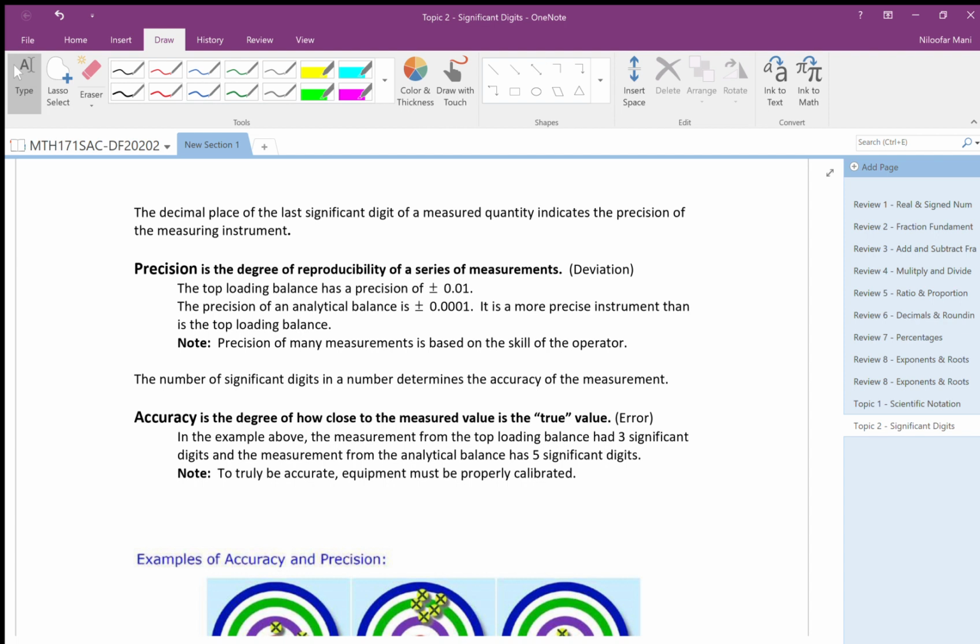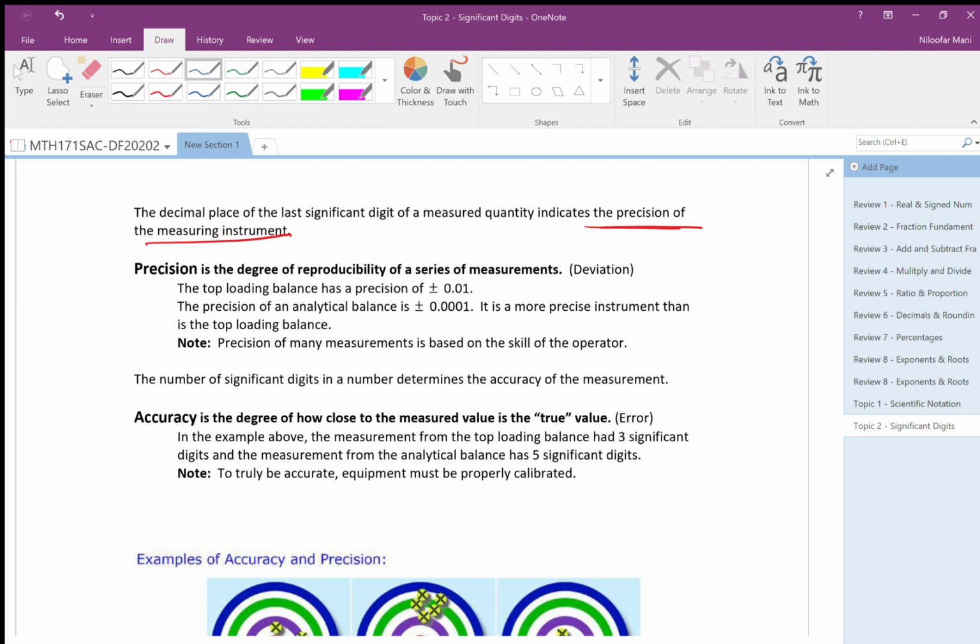The decimal place of the last significant digit of a measured quantity indicates the precision, so how precise the device is. To make the definition clearer, precision is the degree to which you can reproduce a series of measurements.